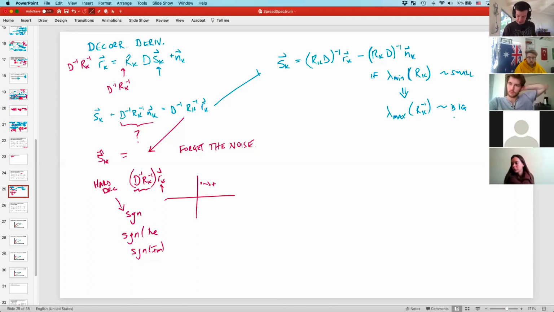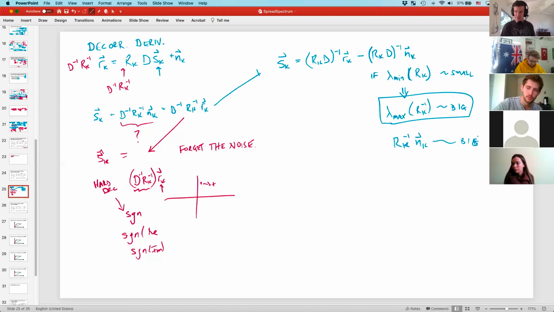So that means that if this is true, then all of a sudden, R_k inverse times N_k is going to be, in some sense, big. And I'm playing pretty fast and loose here, I'm just using big and small.